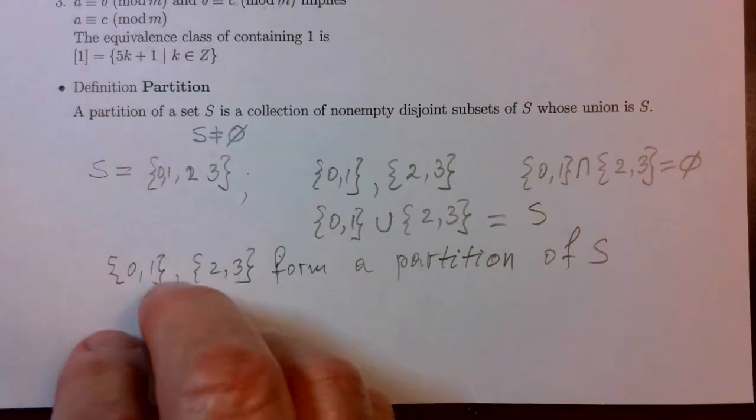For example, Z is infinite. There we also can have partitions.